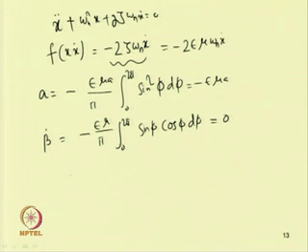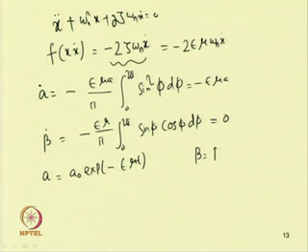So, for the steady state solution, we got beta dot equal to 0 and A dot equal to minus epsilon mu A. So, A will be equal to A 0 e to the power minus epsilon mu t, and beta dot equal to 0, so beta becomes beta 0.